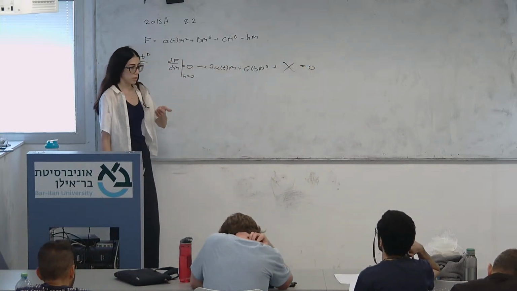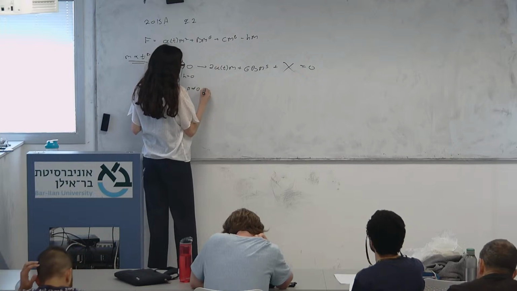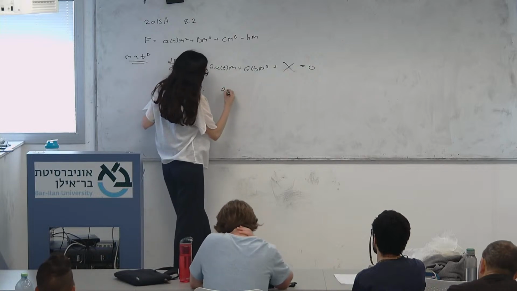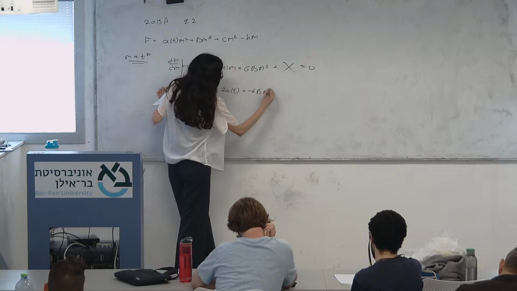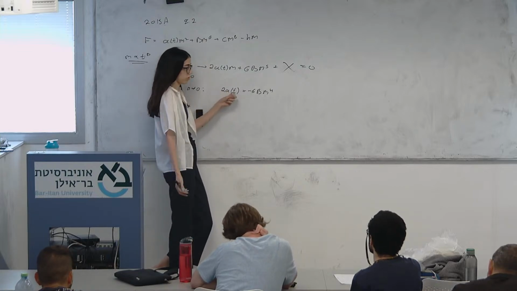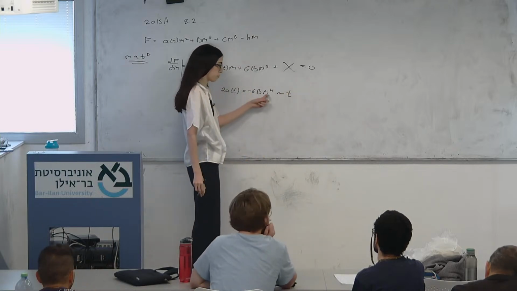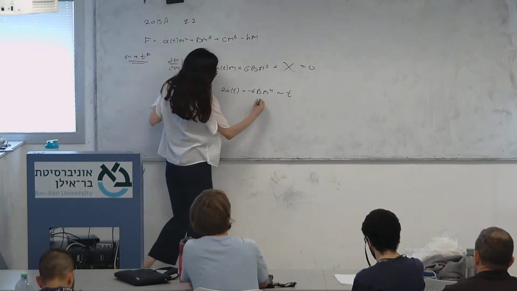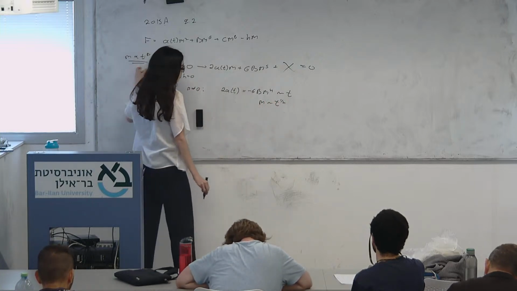Again, one solution is m equals 0, but that's a trivial solution. So for m different than 0, we get 2a of t equals minus 6b m to the 4. Similar to before, we know that a of t is proportional to t, so this is overall proportional to t. So we have m to the 4 proportional to t, which means that m is proportional to t to the 1 over 4, namely beta equals 1 over 4.